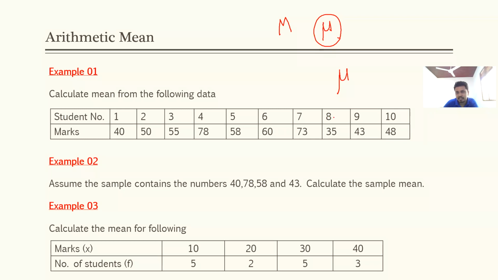Registration number 8 means the student has scored 35. Instead of these registration numbers you can have names. These registration numbers can be replaced with your names even. So this is what we need to consider. This is an individual data set.